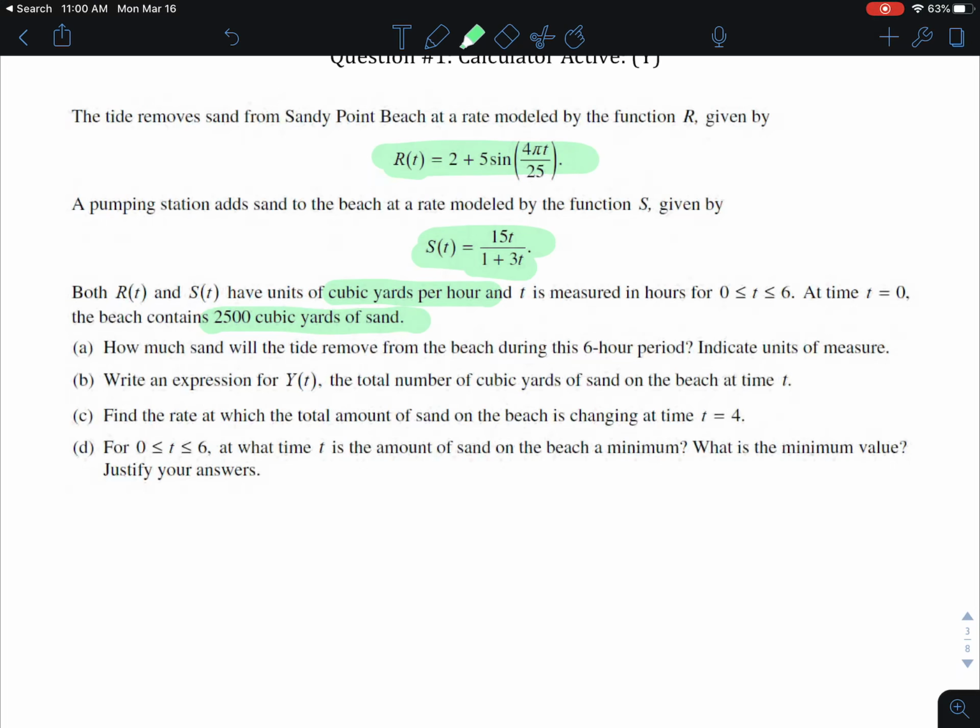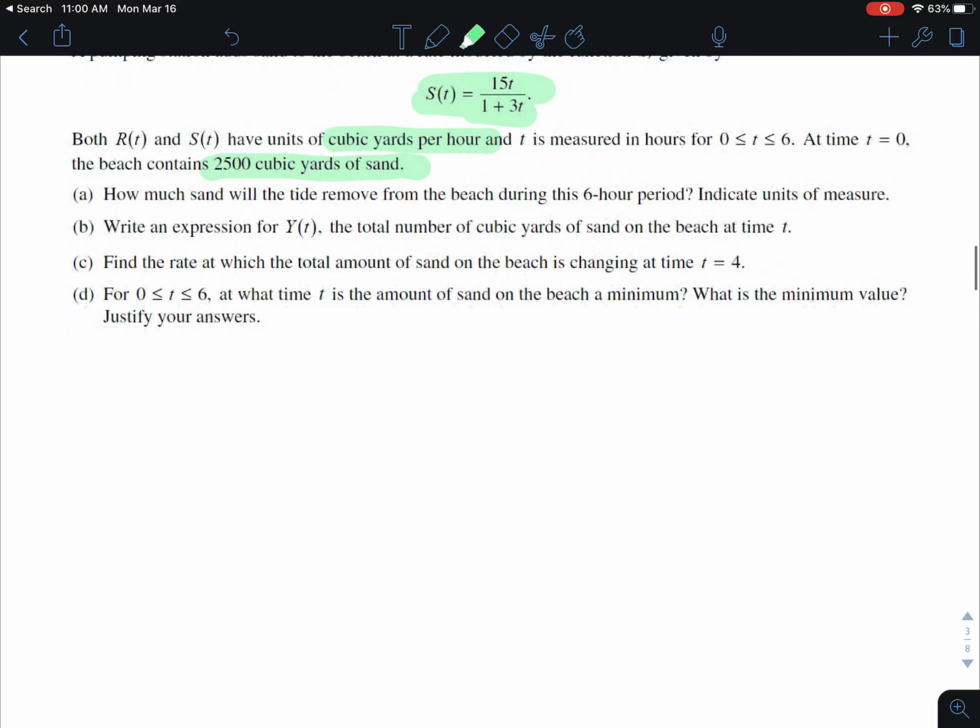Okay, so how much sand will the tide remove from the beach during the 6-hour period? Indicate the units of measure. So that's important in terms of your response. All you have to show for part A is the integration from 0 to 6 of R of T, the removal rate. Make sure you have the dt, and then use your calculator, math 9, I believe, to evaluate this.